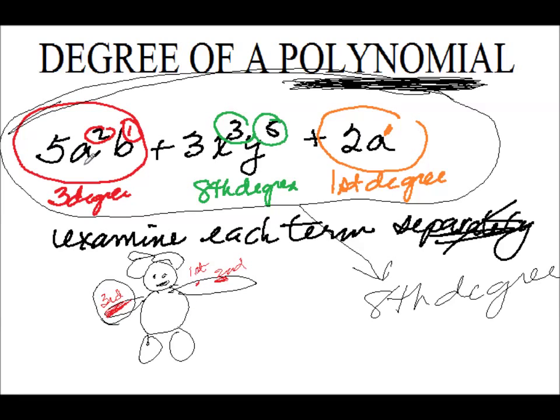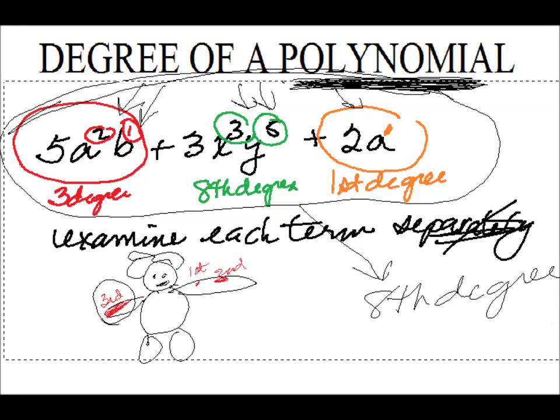You don't add up all of them. I've seen kids on a test, they learn the degree of a single term, and then they sort of fall asleep, and then on the exam they add up all the exponents, which is not right. You have to look at each term separately, determine how bad it is, or what its degree is, and then the degree of the whole thing is the degree of the worst one of the terms.